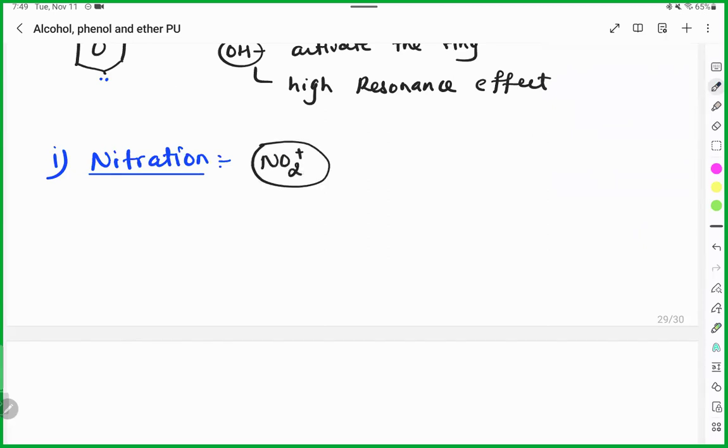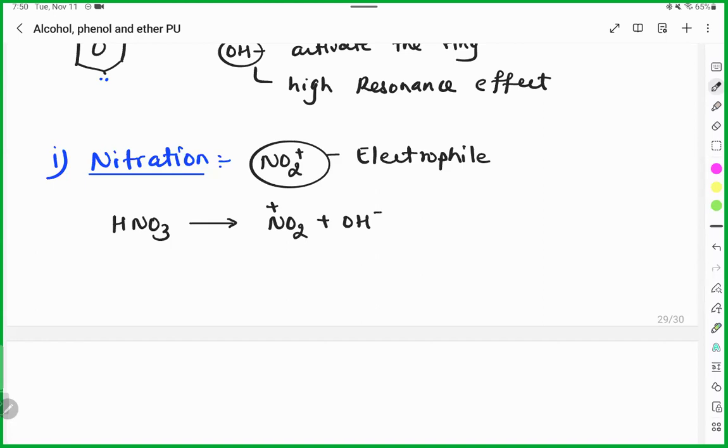This is the electrophile because the topic is electrophilic substitution reaction. The electrophile will be added to the ring. How? When you have HNO3, it will break down into NO2 positive and OH negative.